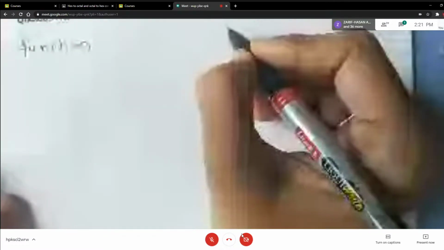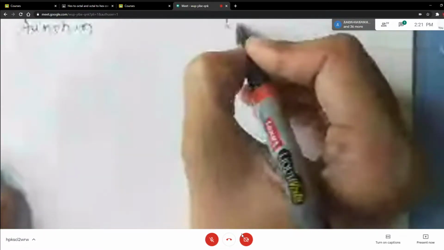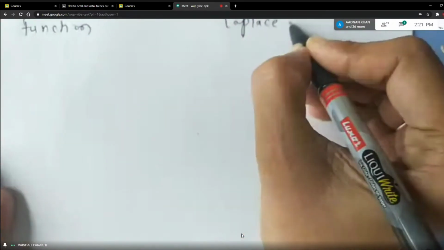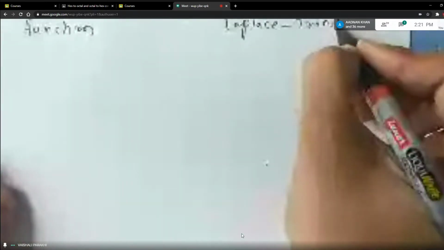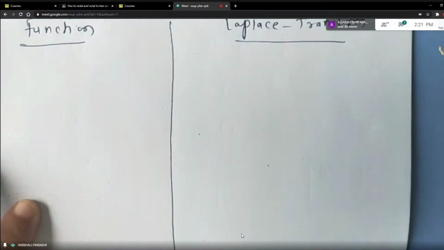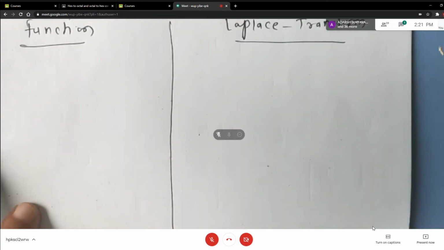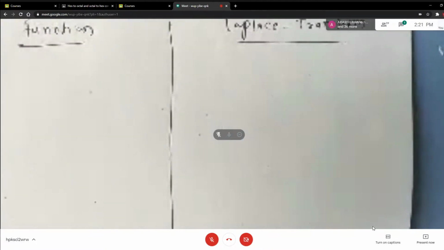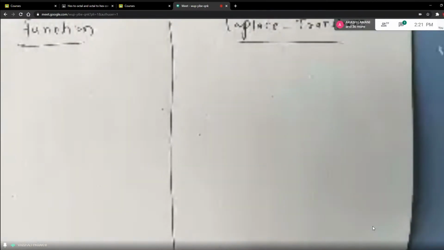On one side you write the function and on the other side the Laplace transform. Don't worry, they are not going to ask you how you got Laplace of 1 as 1 by s, because these are all basic formulas. Based on these formulas, you are going to solve problems.